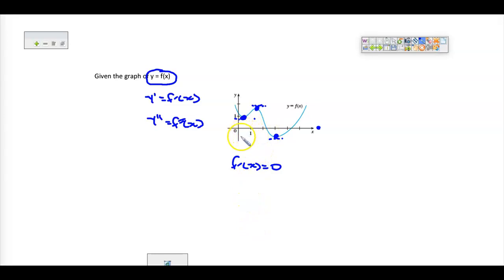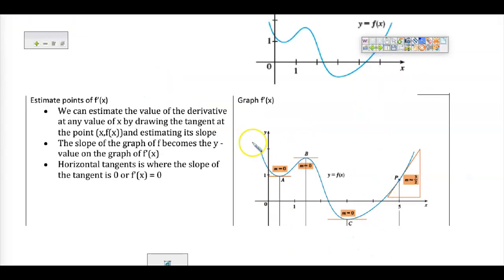However, this f prime of x equals 0 is going to illustrate where the first derivative crosses the x axis. So when you take a look, and all of this is in that handout, right?